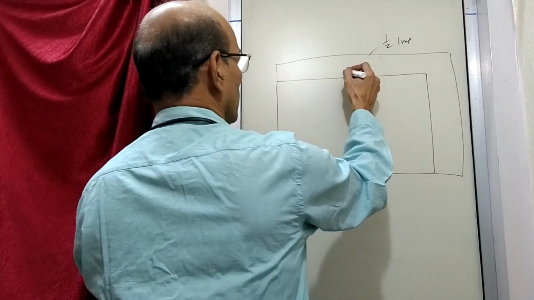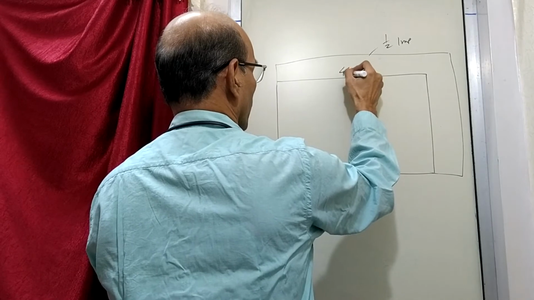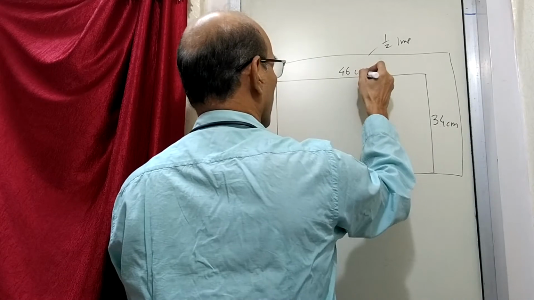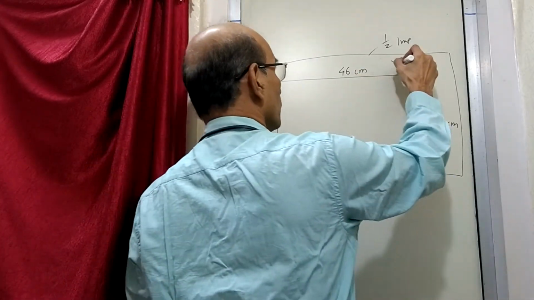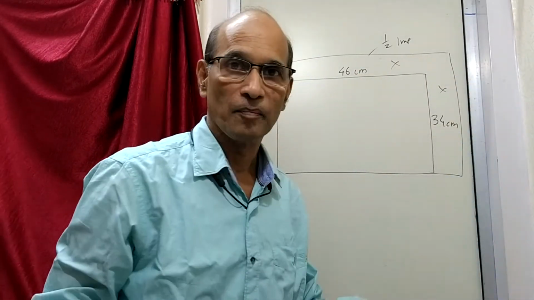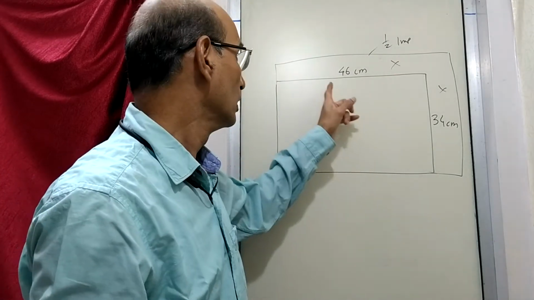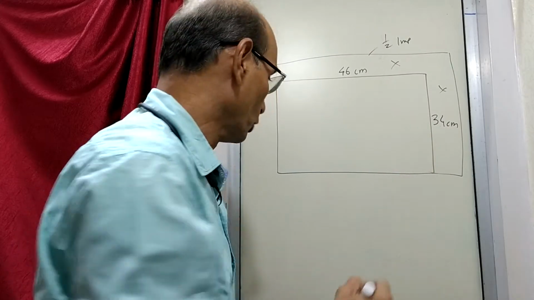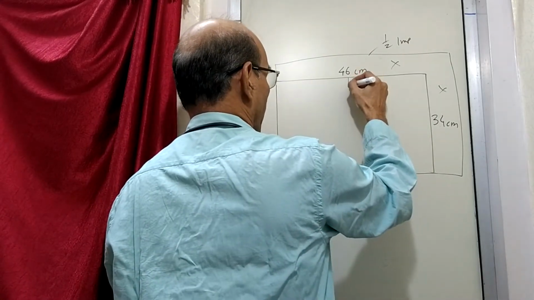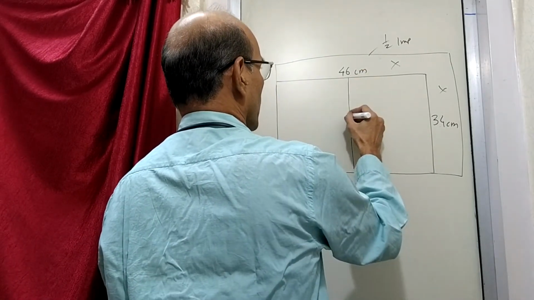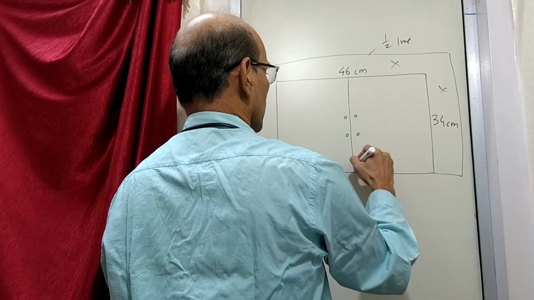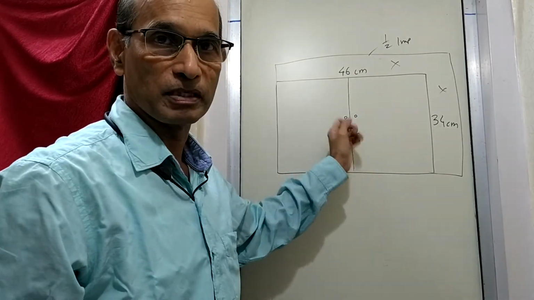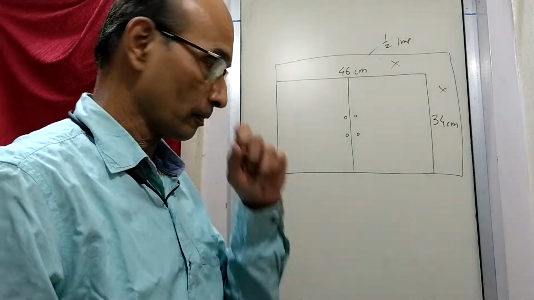So take half imperial drawing paper, then cut a rectangle of size 46 by 34. Then you have to fold it from here, and then maybe you can punch it from here if required. So that space you keep here for punching purpose.